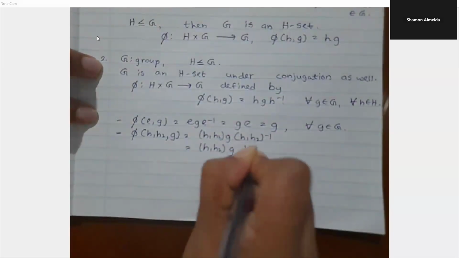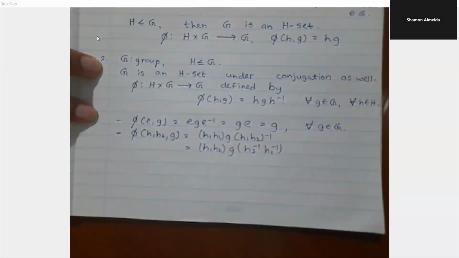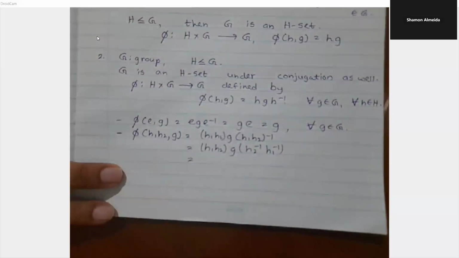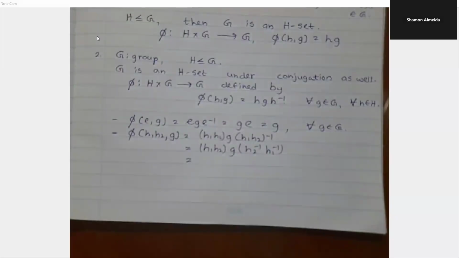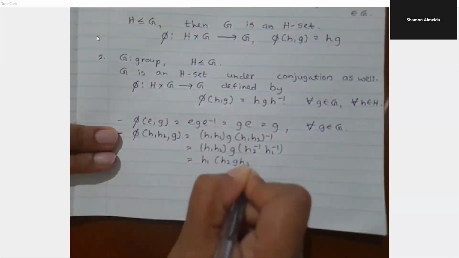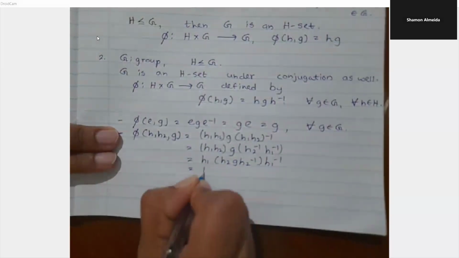We have h2 inverse times h1 inverse. The inverse of h1 h2 is equal to h2 inverse times h1 inverse. Now we are in the middle of proving the second condition. We are simply going to use the associativity property. So I will keep h1 here, calculate h2 g h2 inverse first, then take h1 inverse.